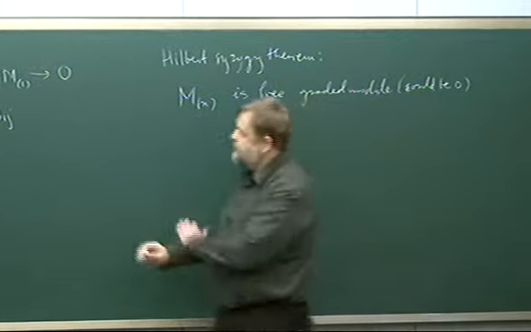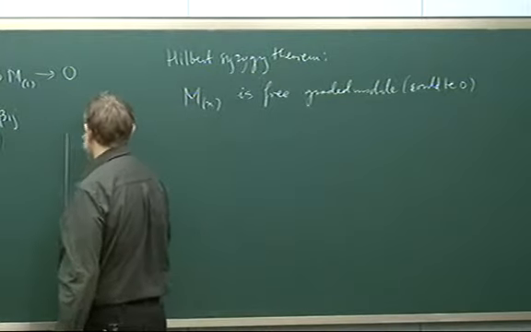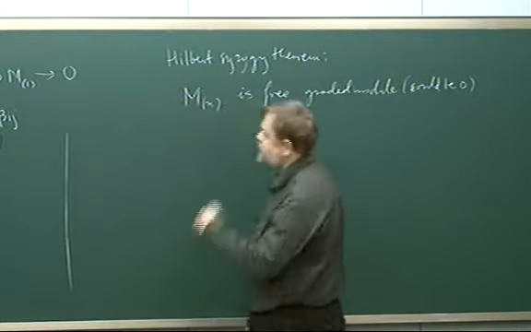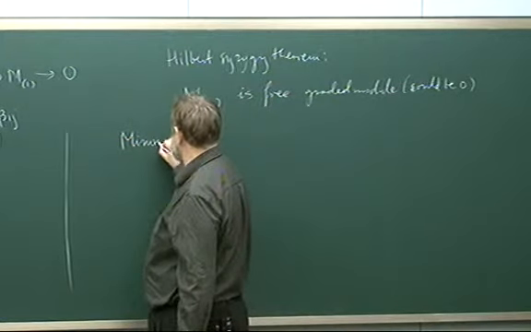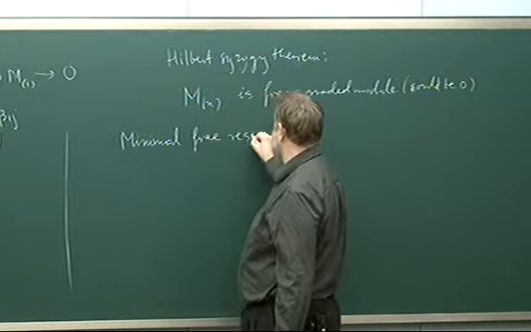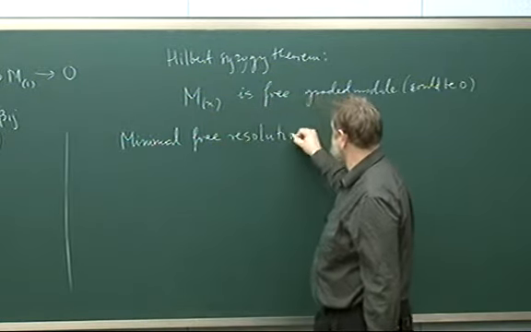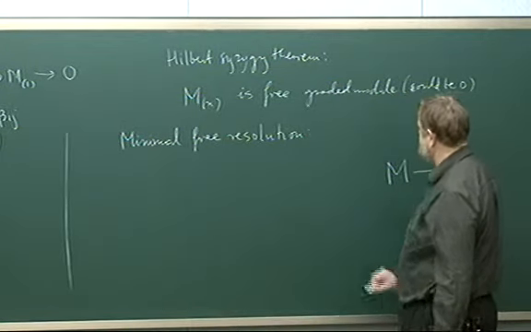In fact, when you put all of this together, you can deduce that the module M has what's called a minimal free resolution, namely, it will be an exact sequence of those graded modules.